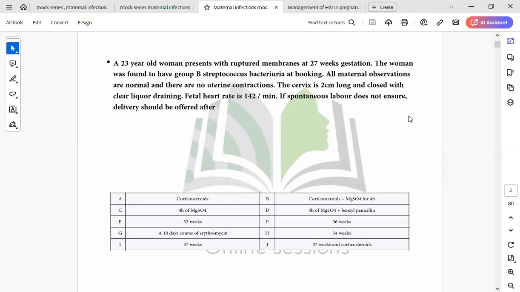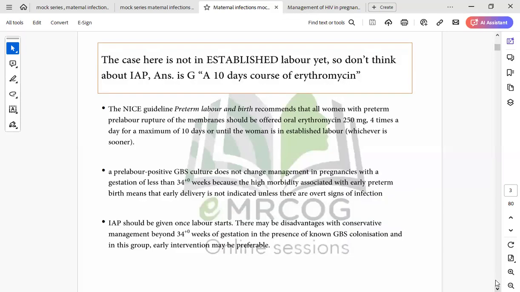And when she goes into established labor, you are going to give her the IAP once the labor starts. So here, the correct answer is give her a 10-day course of erythromycin, like any other PPROM lady.